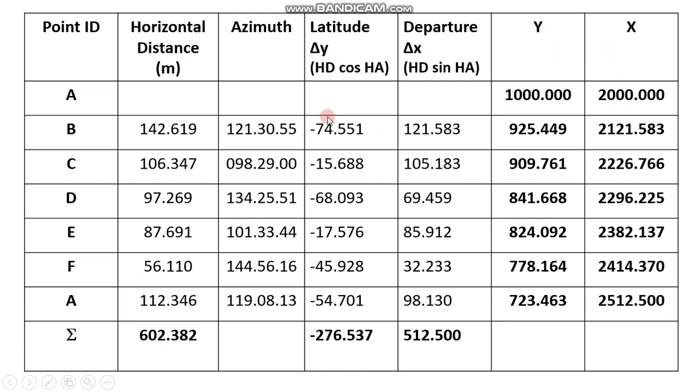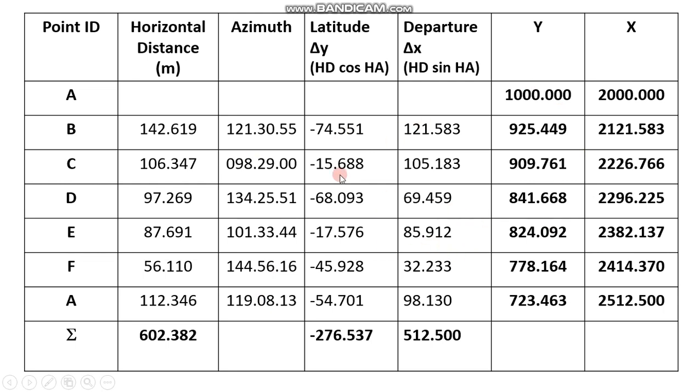In this case, we'll be given the coordinates for A, which are 1000 for coordinate y and 2000 for coordinate x, and we'll also be given the horizontal distances for all our points from point B to point A, since it is a closed loop. Then the azimuth from B also up to A. So that's all we'll be having. We'll need to find the rest.